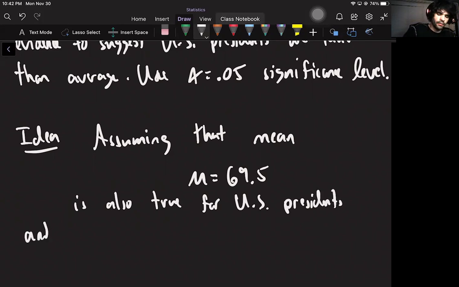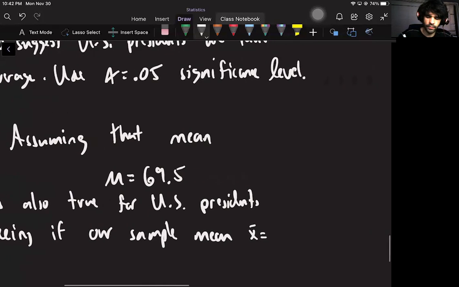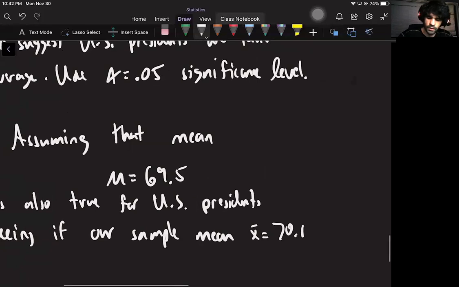And then we're seeing if our sample mean, so we didn't have to calculate the sample mean, which would take forever, we're just given it immediately, 70.68.